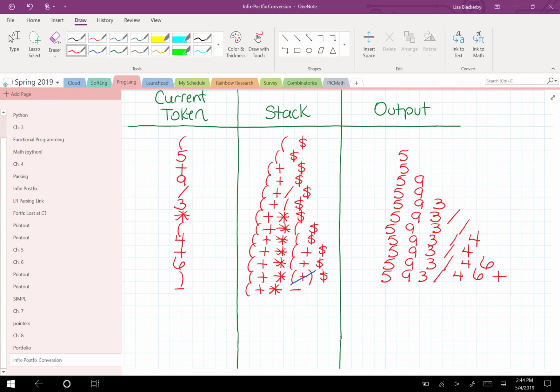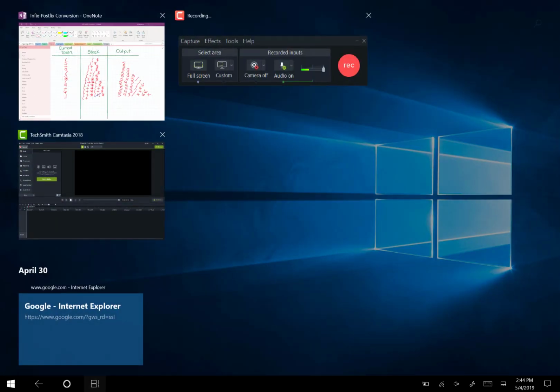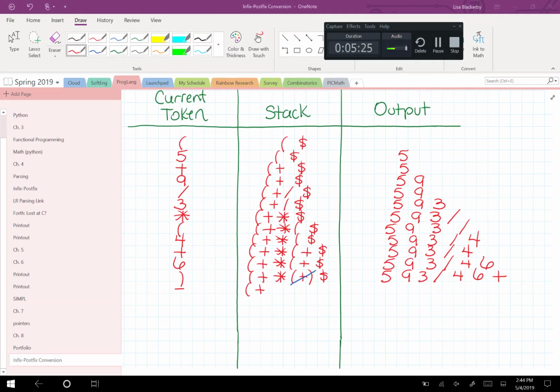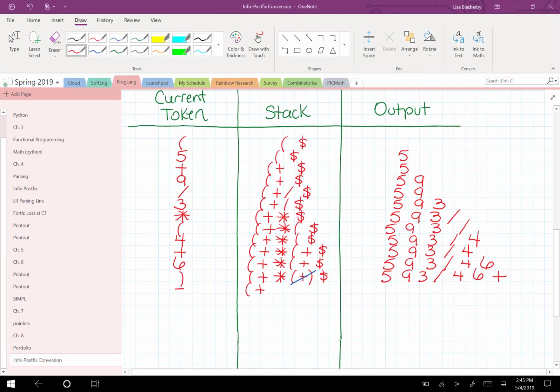Because the minus is lower than the multiplication, we would pop off that multiplication and put the minus there.